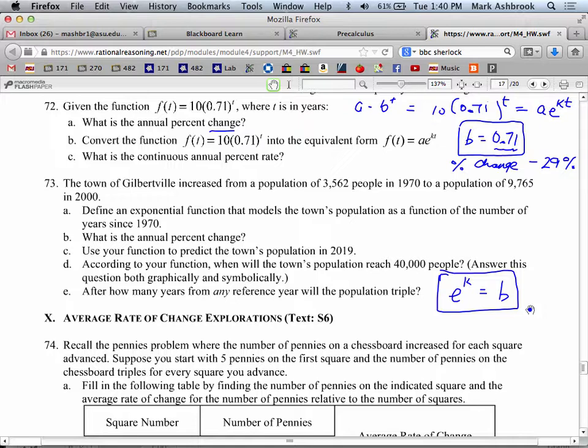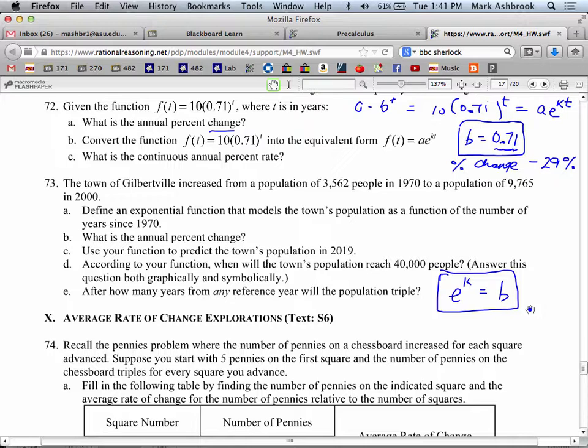That's what b is. What about k? First of all, is it a decay factor or a rate? It's a rate. Is that rate the percent decrease per unit? No, that's the continuous rate. That is not the true percent decrease.